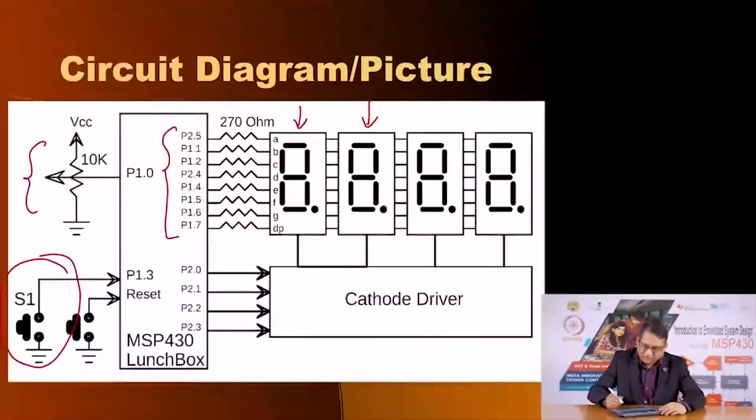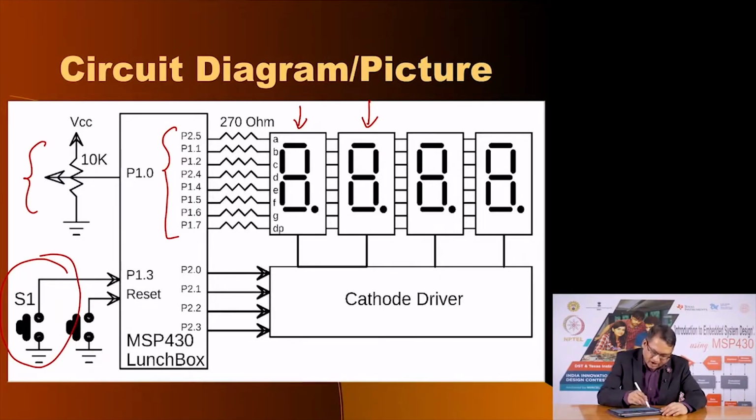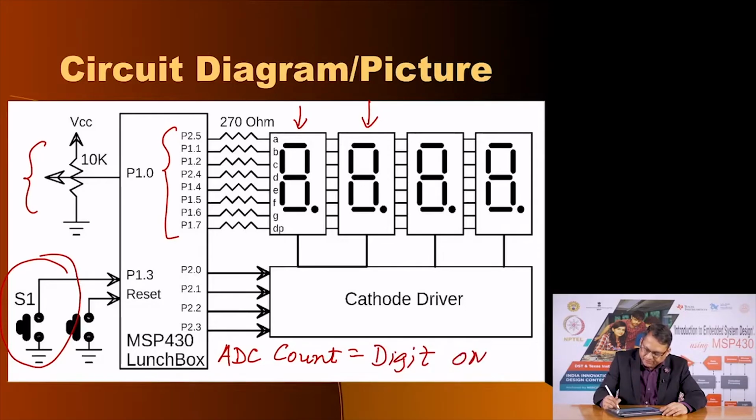We could map these values directly in terms of the time for which any given display is on at any given time. So, for example, if the setting of the ADC is such that the ADC value is 1, one way to deal with that would be that the ADC count is equal to any given digit on time.